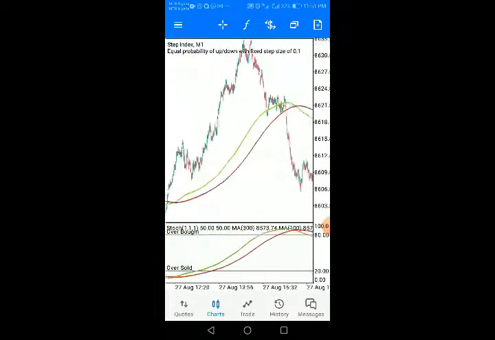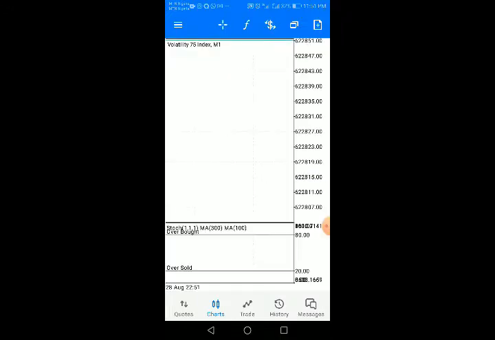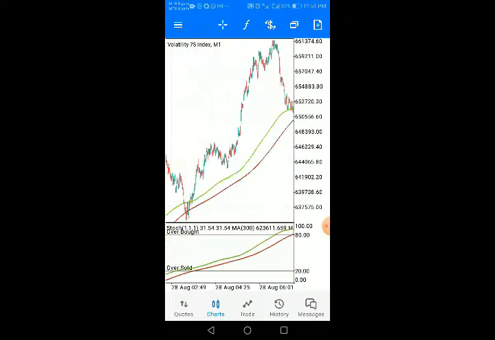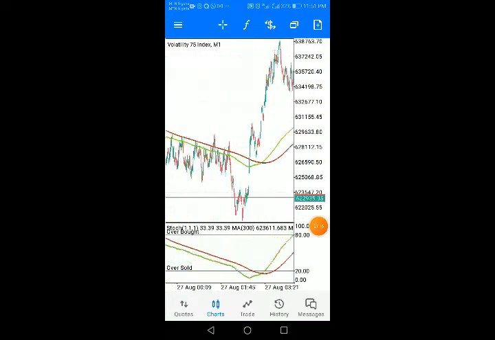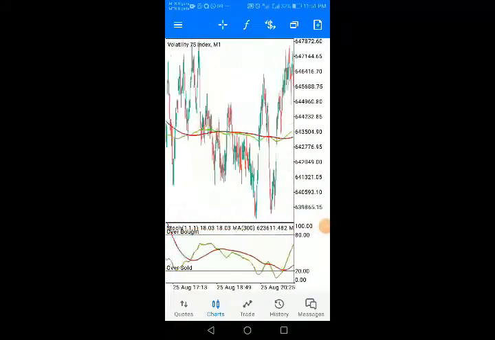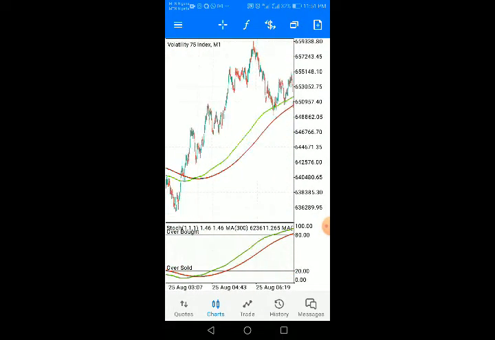So I believe that's okay. Let's check volatility also. This is volatility 75. So you can see, without measuring it, it helps you to detect the market.